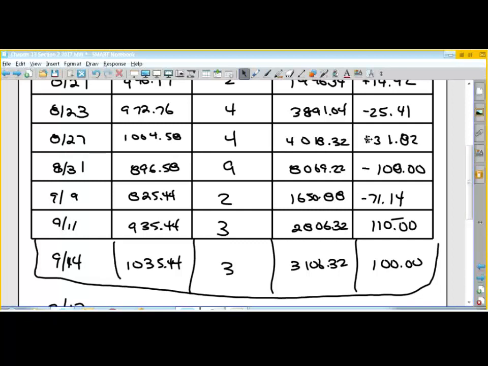Okay. So what I'm going to do is add all these numbers together in that column.